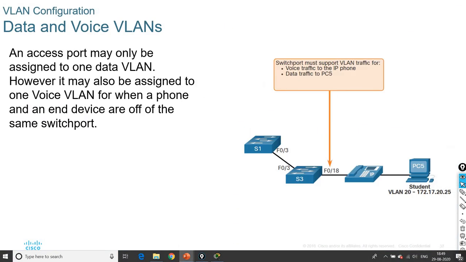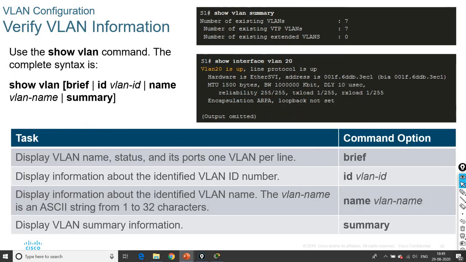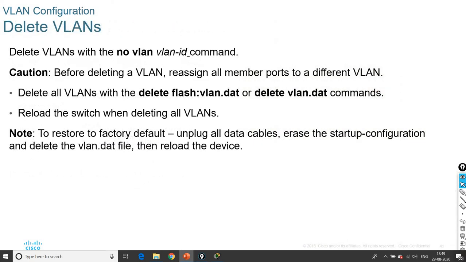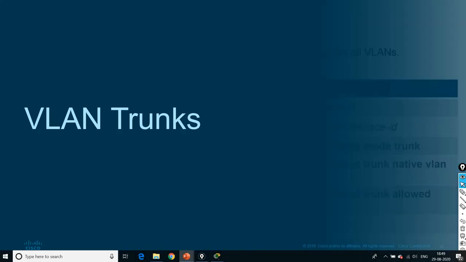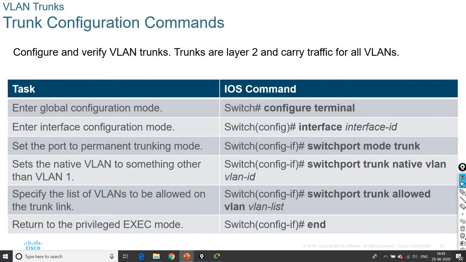We have seen VLAN configuration, data and voice, verifying VLAN information, and deleting VLANs. Now VLAN trunks and trunk configuration commands. Till now you have configured and verified VLANs, and it's time to configure and verify VLAN trunks also.